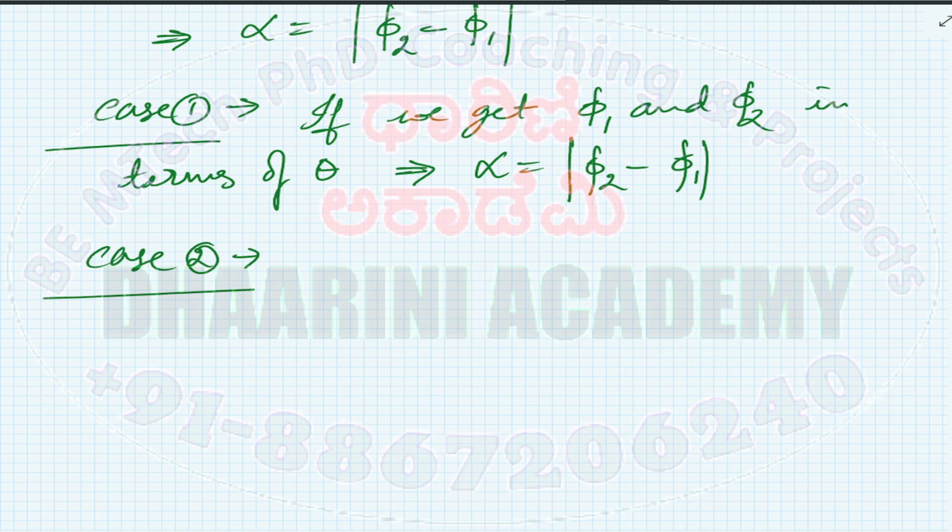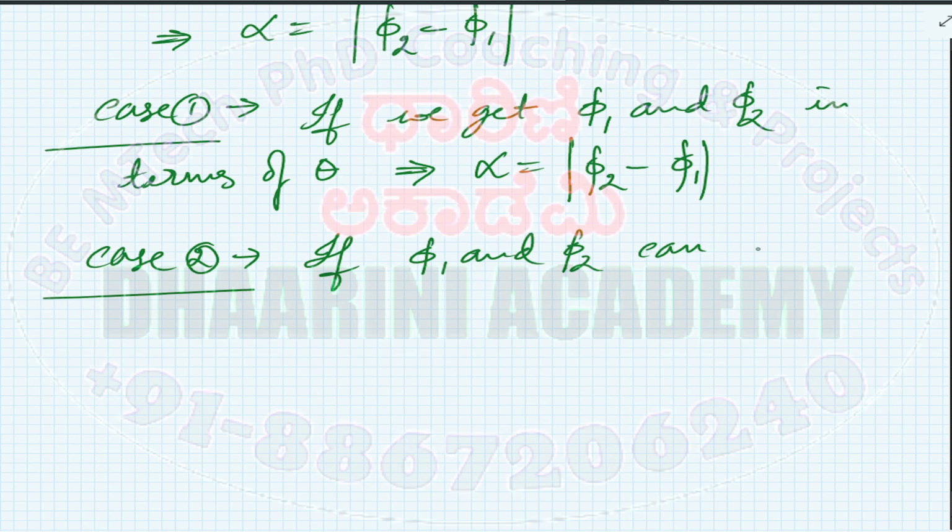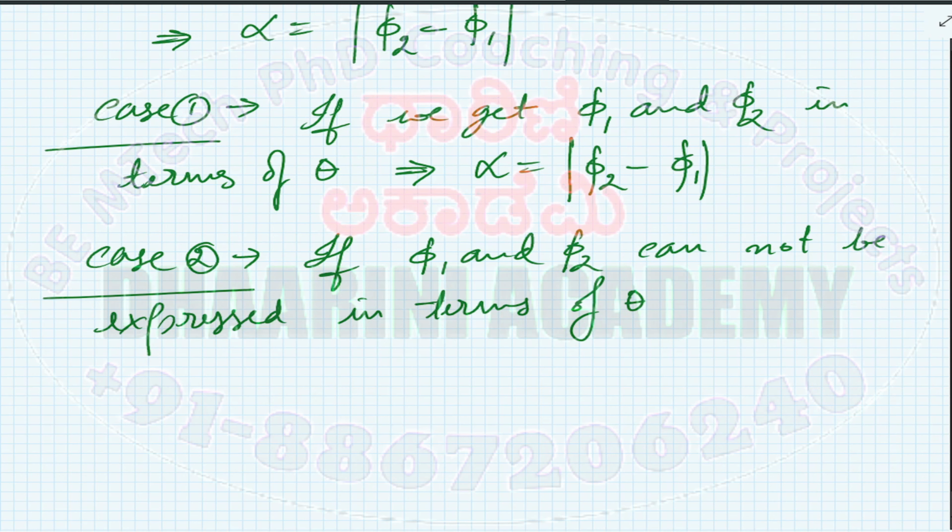Now let us say that we don't have any access to this function. I'm not able to find phi in terms of theta. So if phi 1 and phi 2 cannot be expressed in terms of theta, then what's the solution?